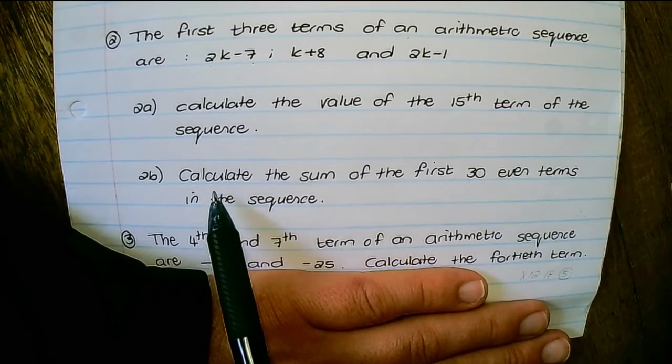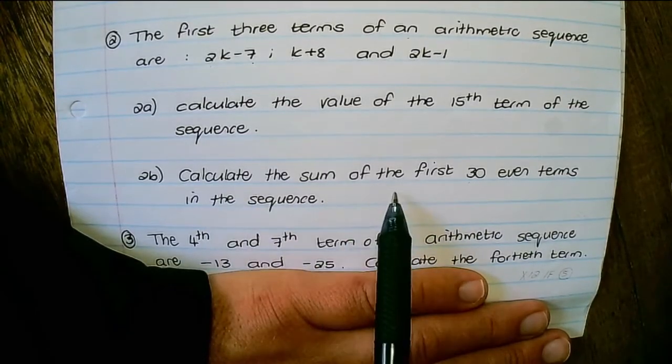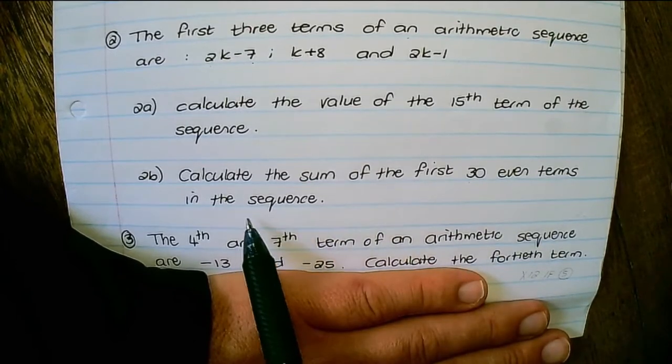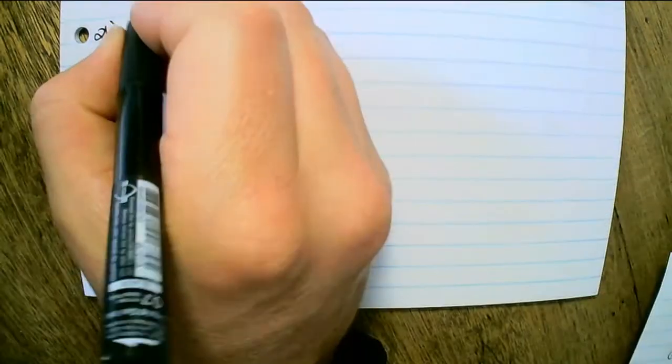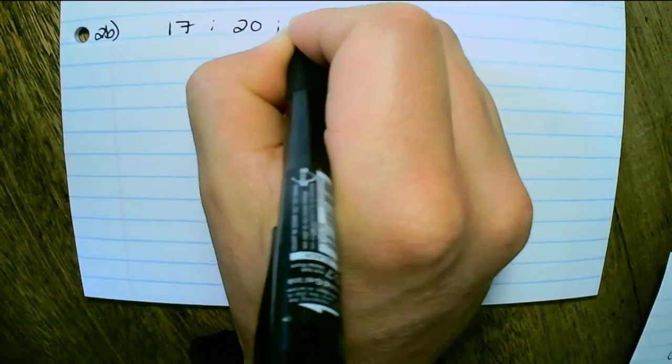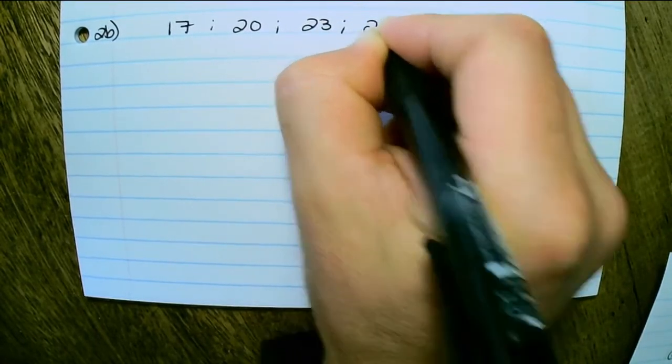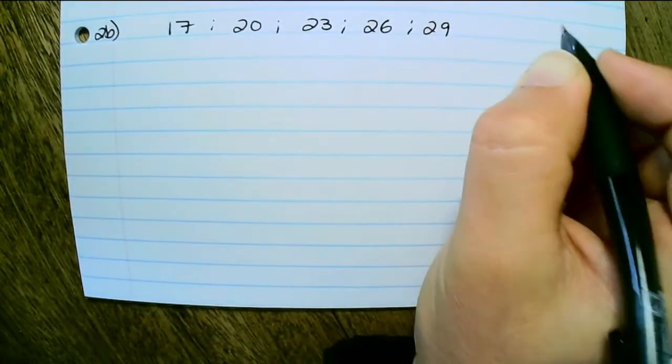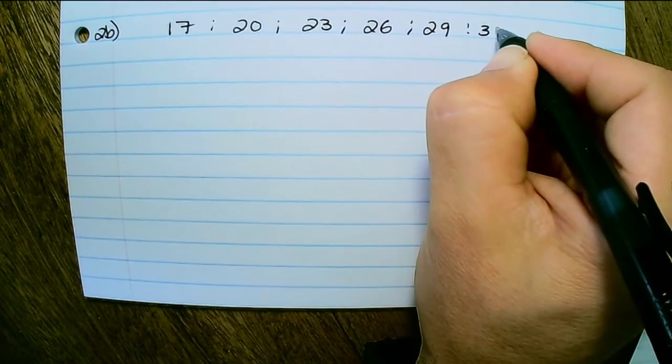The next question says, calculate the sum of the first 30 even terms in the sequence. So we know our sequence is 17, 20, 23, then it will go on 26, 29, and 32.